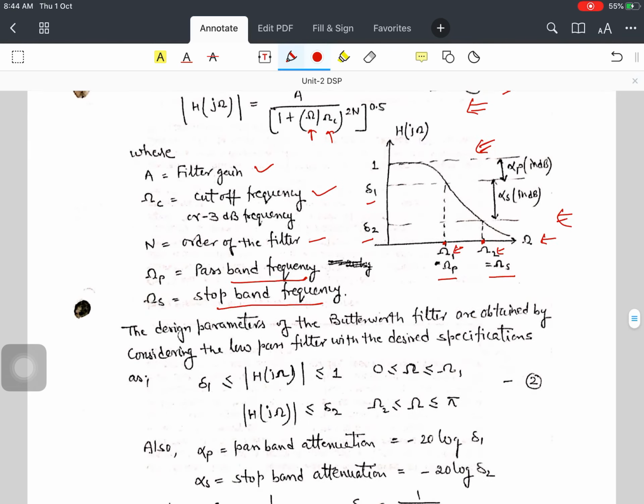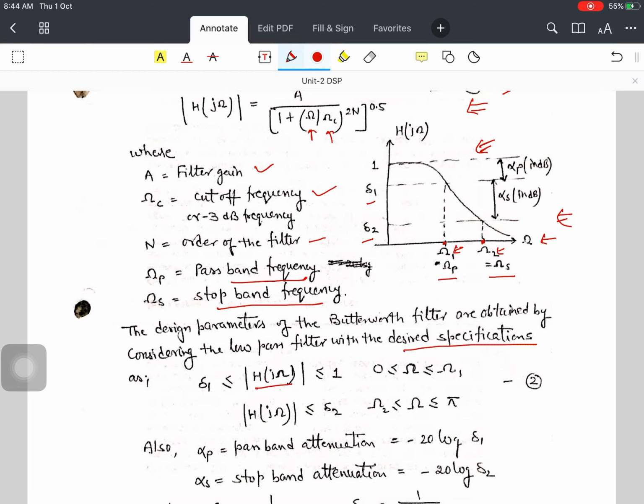Now the design parameters of the Butterworth filter are obtained by considering the low pass filter with desired specifications, and these specifications are given by del 1 less than or equal to the magnitude response |H(jΩ)| less than or equal to 1.